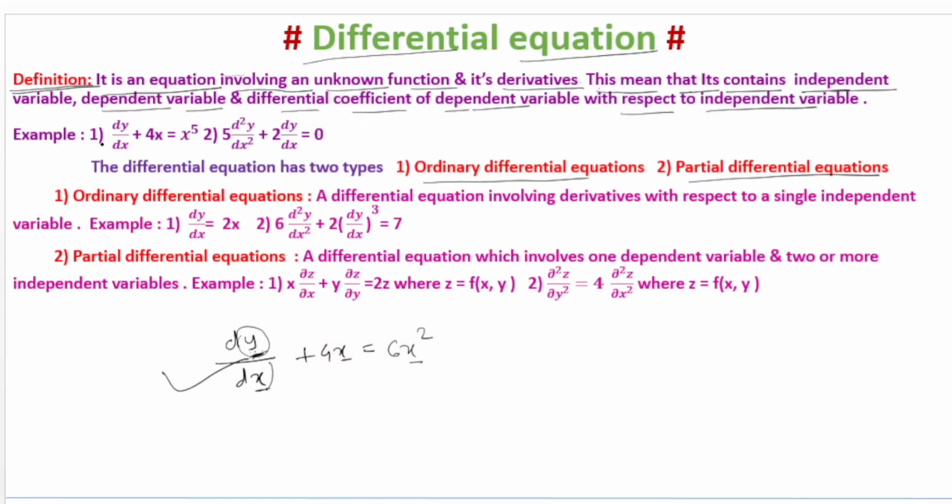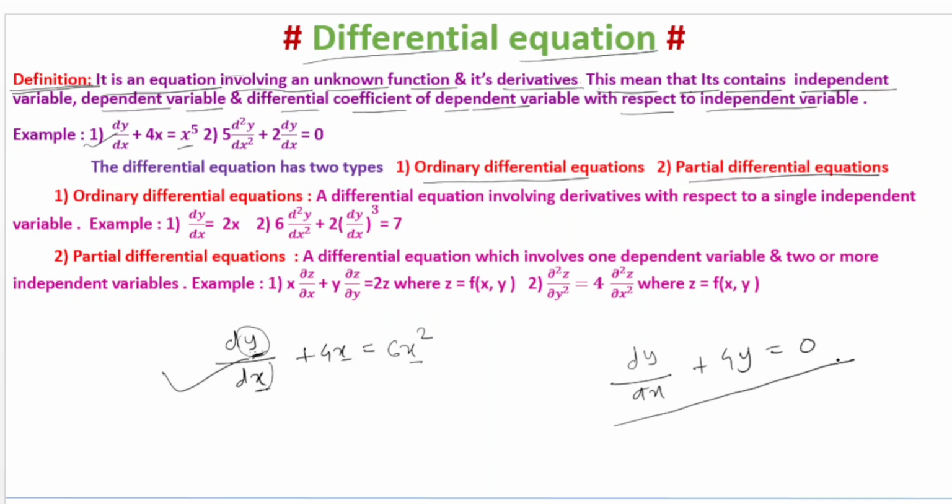Take another example: dy by dx plus 4x is equal to x raised to 5. This is also a differential equation. Why? Because it contains a dependent variable. For example, dy by dx plus 4y is equal to 0.